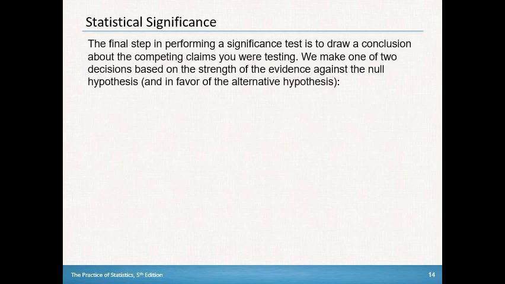All right. So the final step in performing the significance test is to draw a conclusion. And so we have to be careful how we state our conclusion. We will make two decisions. We either reject the null hypothesis or we fail to reject the null hypothesis. It almost feels sometimes like we want H not to be wrong, right?